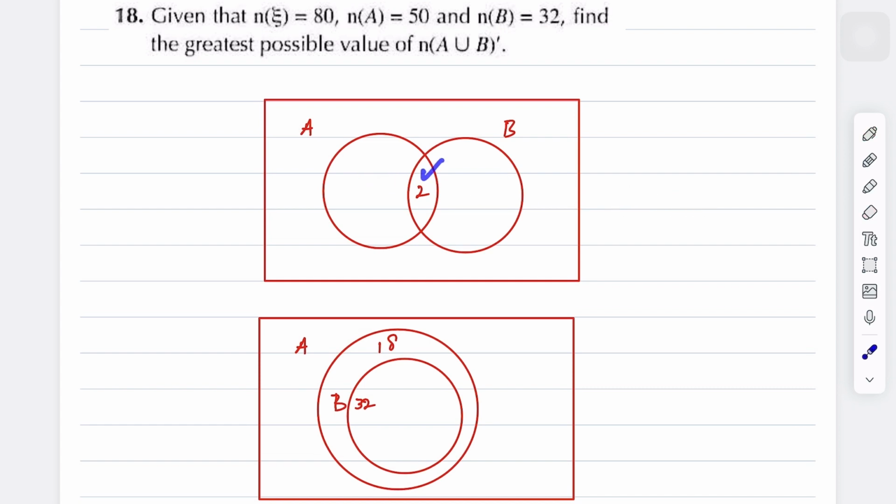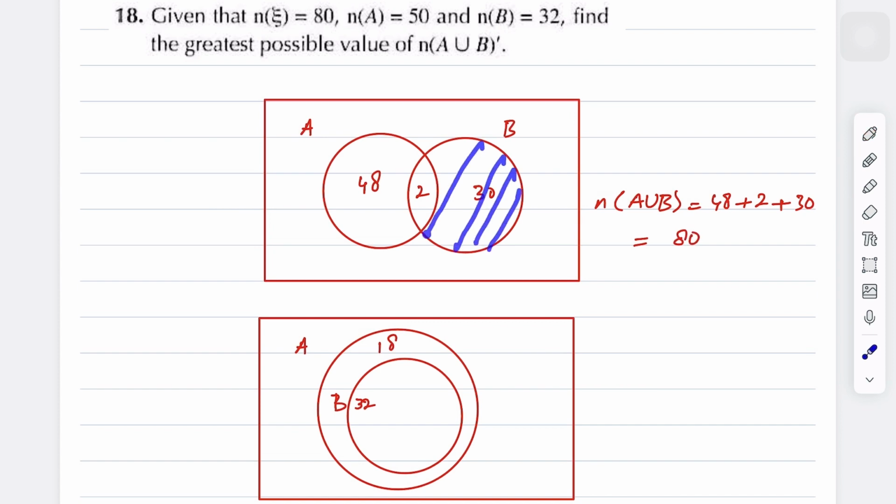If 2 are common, there are 50 elements, that means 48 elements are only in A. And similarly, there are 32 in B, that means there are 30 only in B. So if I ask you to find A union B, that is 48 plus 2 plus 30 will give you 80. A union B is everything in these two sets.